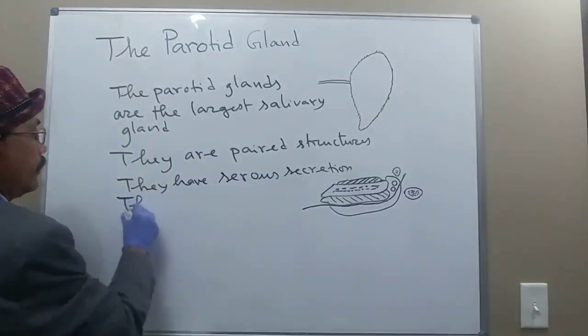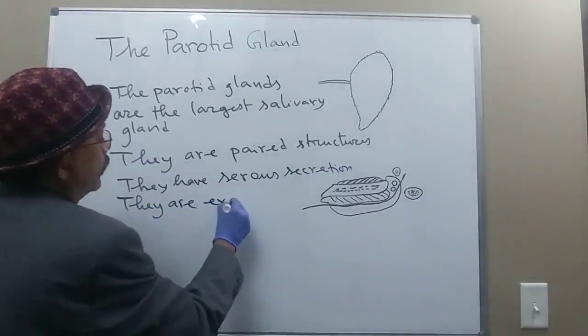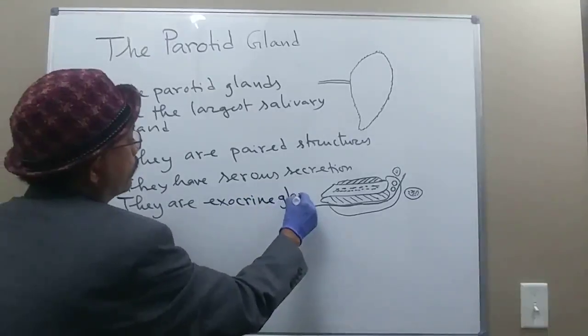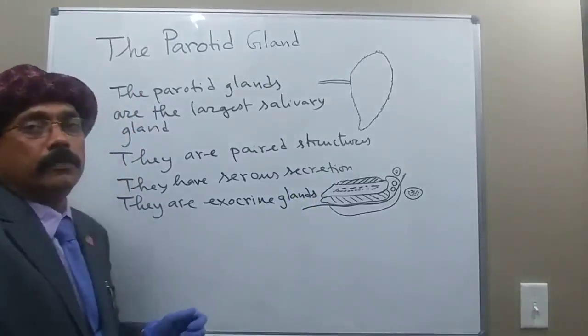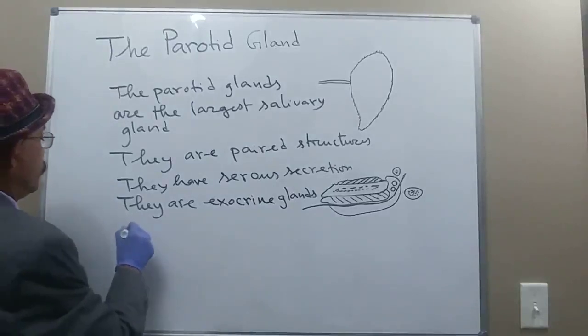They are exocrine glands, so they have a duct.